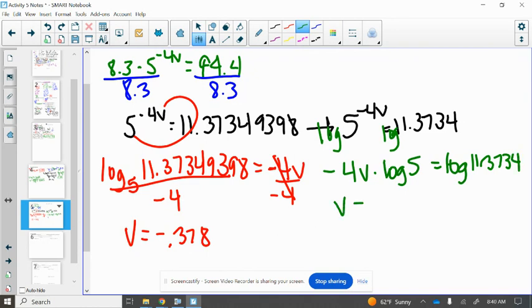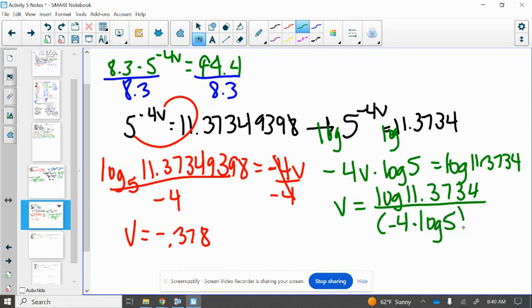And then we can divide over. Again, make sure we have this typed in the calculator correctly so that we have everything in the correct spot, because we want both the negative 4 and the log 5 on the bottom.